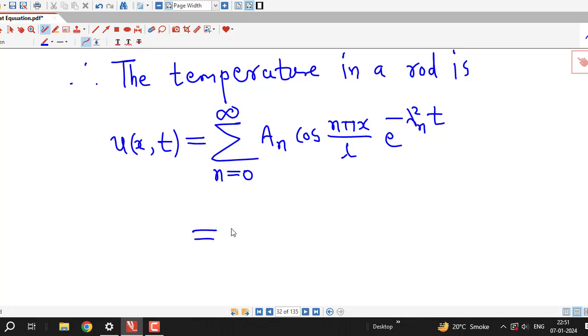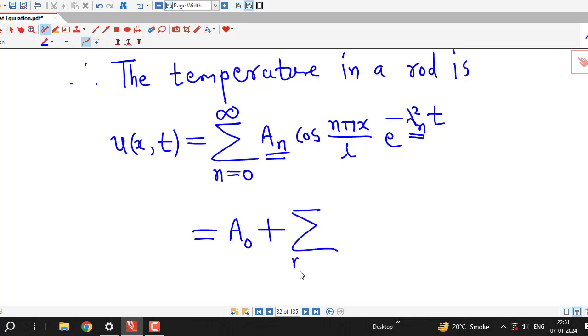Now here a0 is different, so let me write this as, first we write the term corresponding to n equal to 0. For n equal to 0, we have a0, cosine of n pi x by L with n equal to 0, that is cos 0 is 1, e raised to 0 is also 1. For n equal to 0, here I will have lambda 0, and lambda 0 is 0.